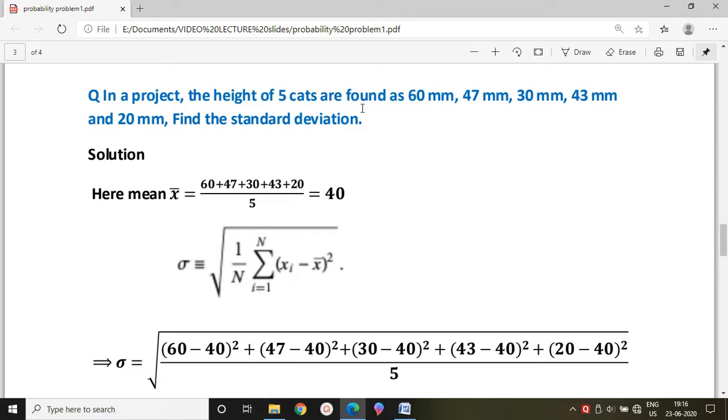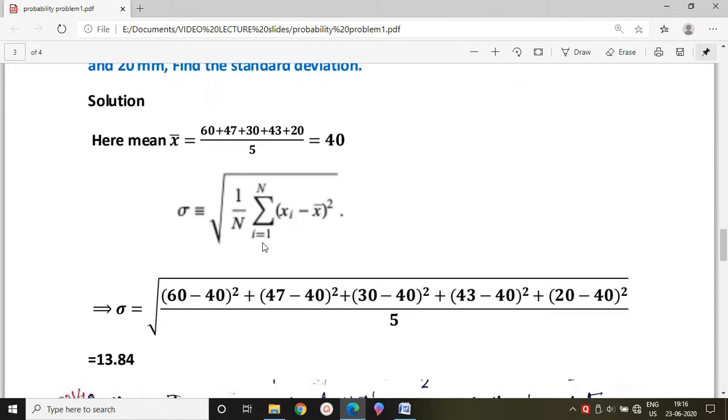This has only data values and you have to find standard deviation out of it. So it is not a frequency distribution. Then which formula are we going to use? We are going to use sigma equal to square root of 1 by n, sum over i goes from 1 to capital N, xi minus x bar square. How will you find xi minus x bar?